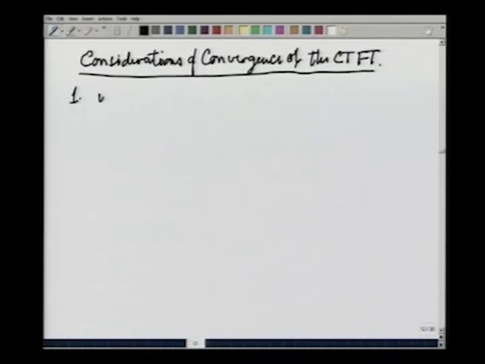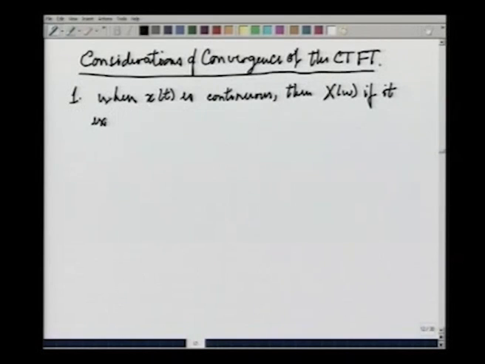The first is when x(t) is continuous, then X(omega), if it exists, actually the existence issue is being dealt with separately.